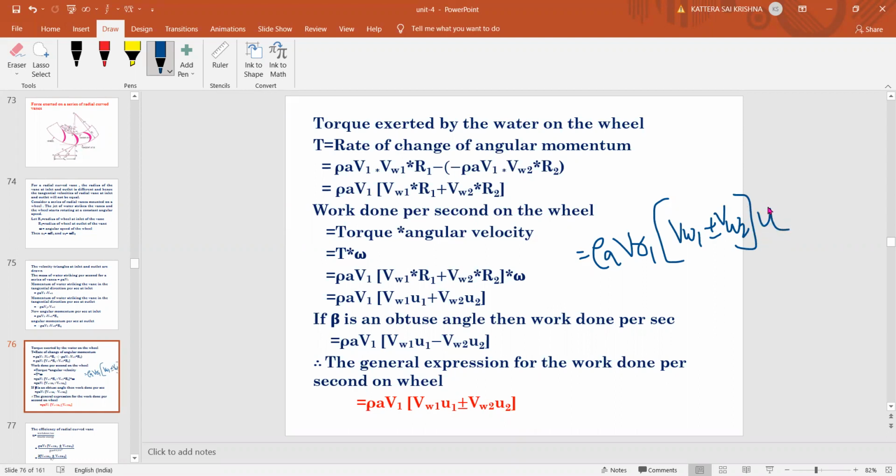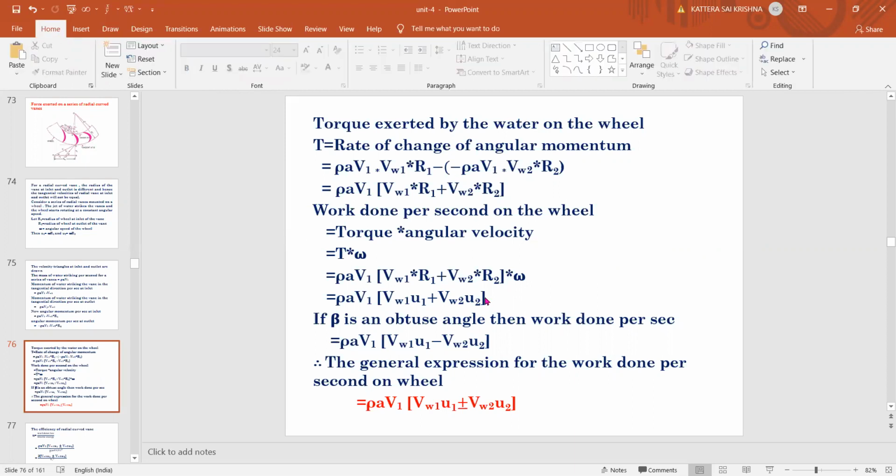It is U because it is a single blade, where U1 equals U2. For a series of blades, U comes inside as U1 for VW1 and U2 for VW2. That's all, and here you get only the V value in place of this one. Remember it in that way, it is very easy to remember. Right? If you have any doubt here, you can ask.